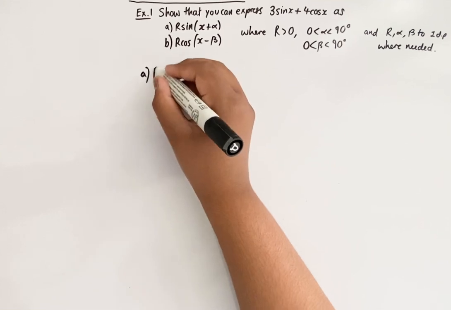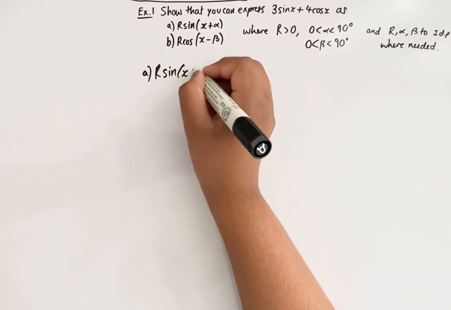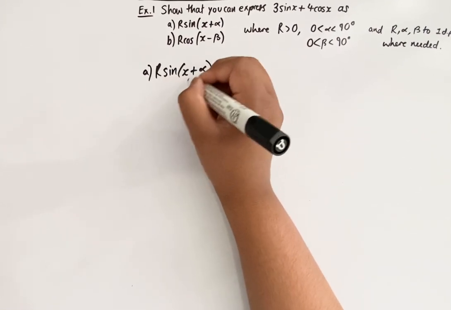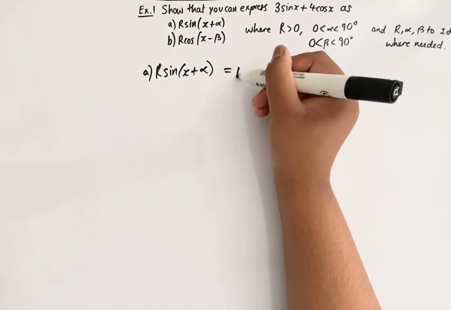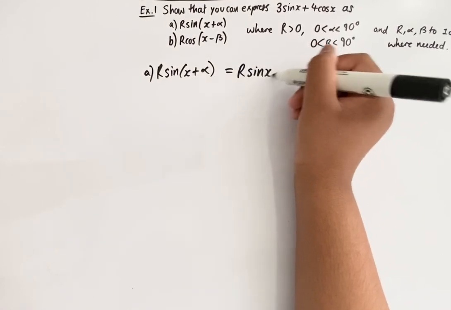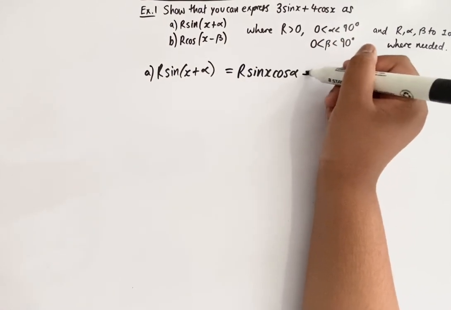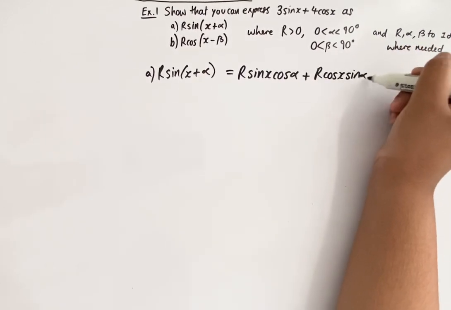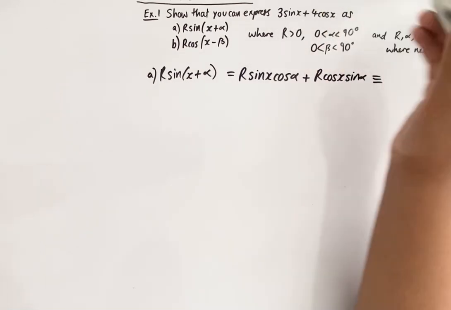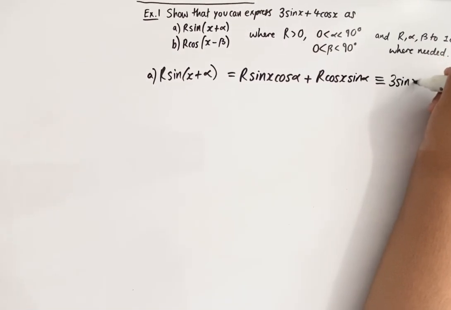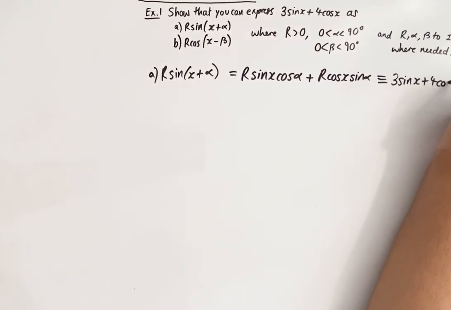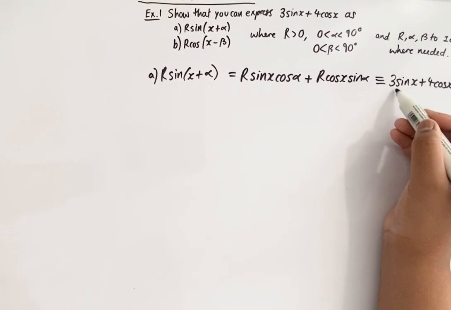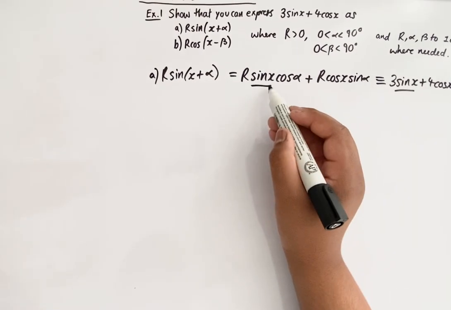For part A, r sine of x plus alpha, when expanding the addition, we get r sine x cos alpha plus r cos x sine alpha, which is the same thing as 3 sin x plus 4 cos x. And so we see here we have a sin x and we have a sin x here.